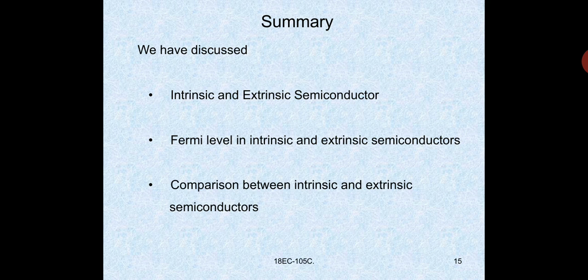Now let us summarize what we have learned in this session. We have discussed the intrinsic and the extrinsic semiconductor, pure and impure semiconductor, and we have also understood the Fermi level in pure material and the Fermi level in impure material, in both the n-type and the p-type materials.